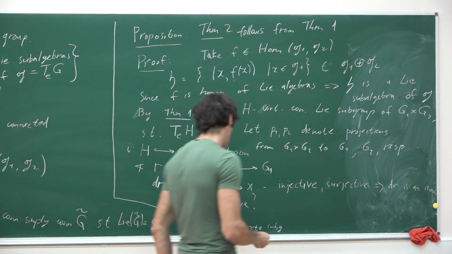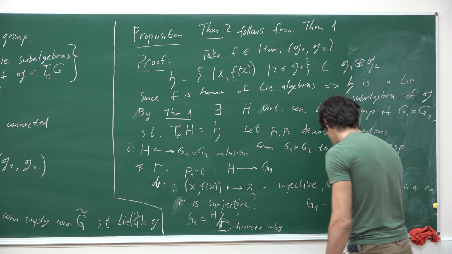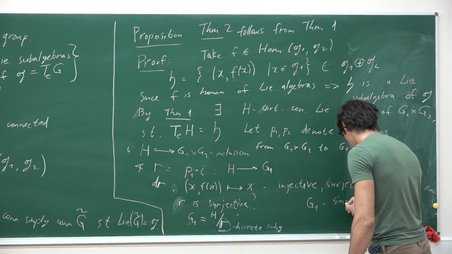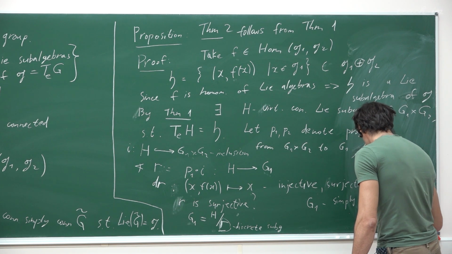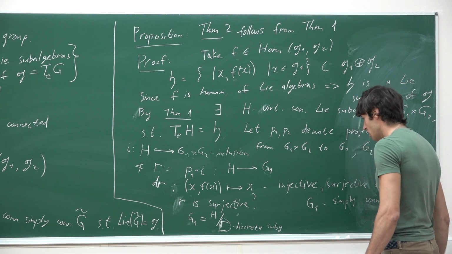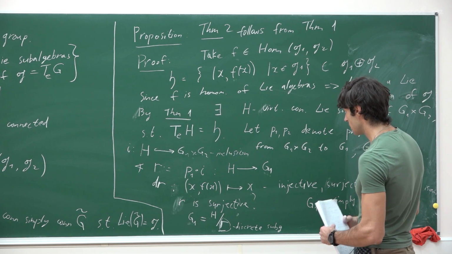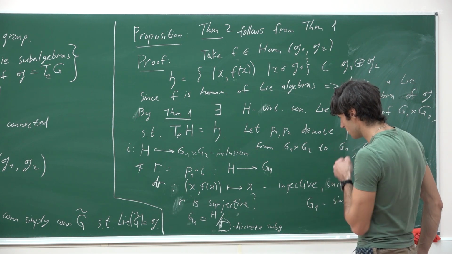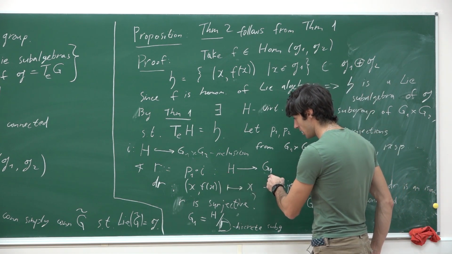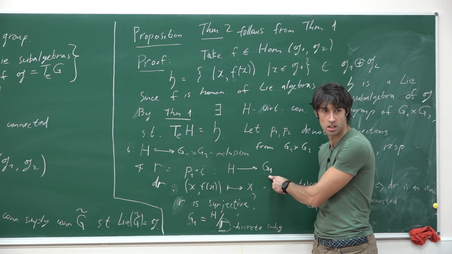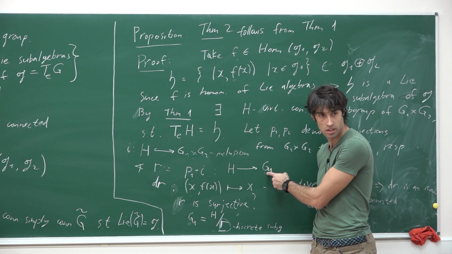But then we need to use that G1 is simply connected. It is surjective because G1 is connected, right?